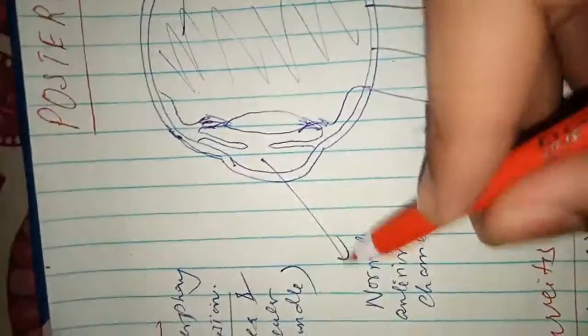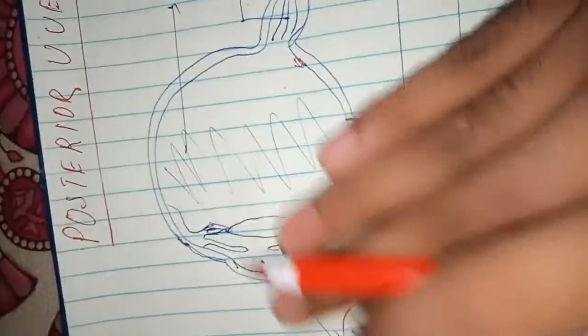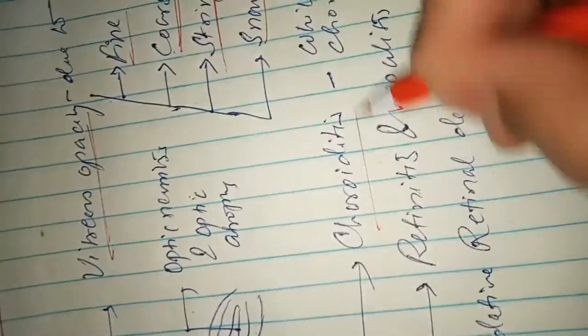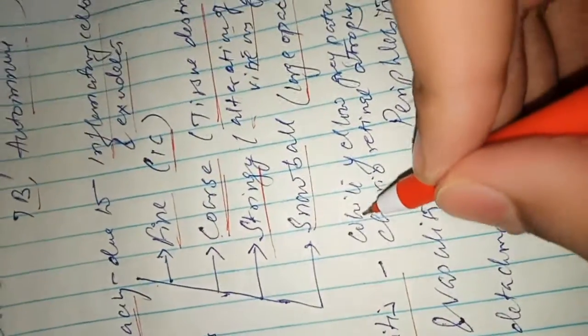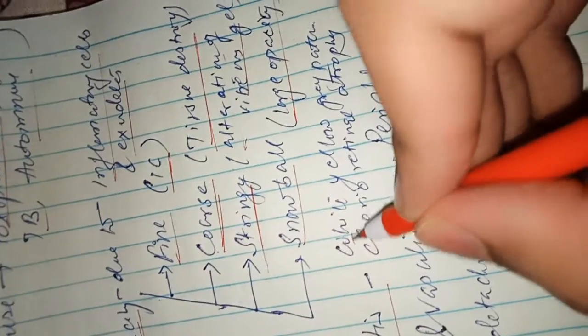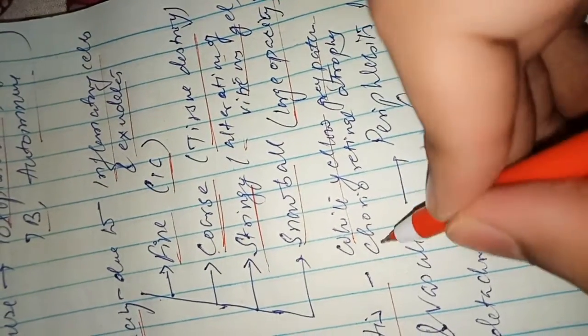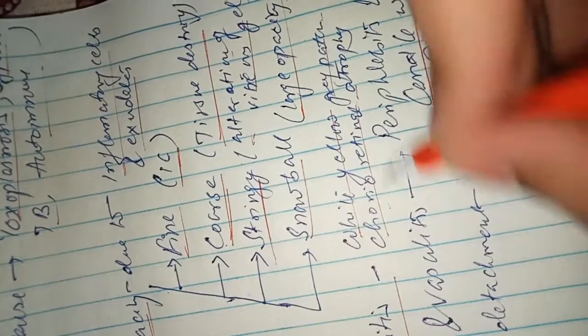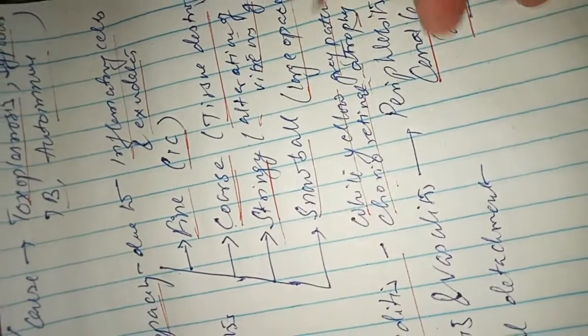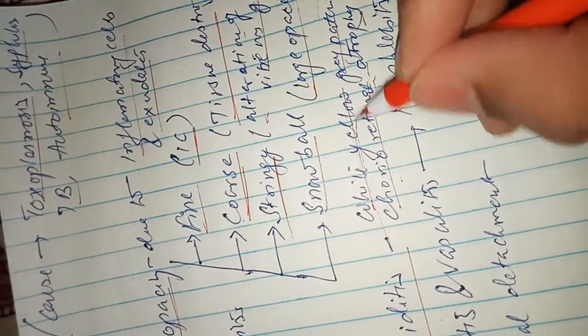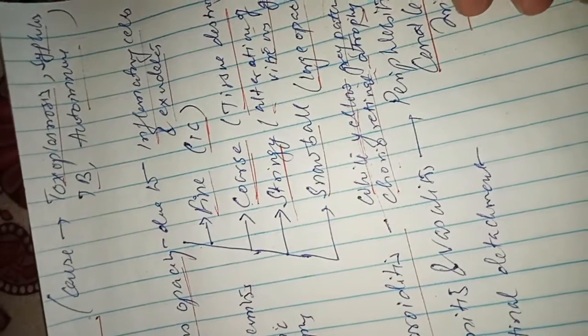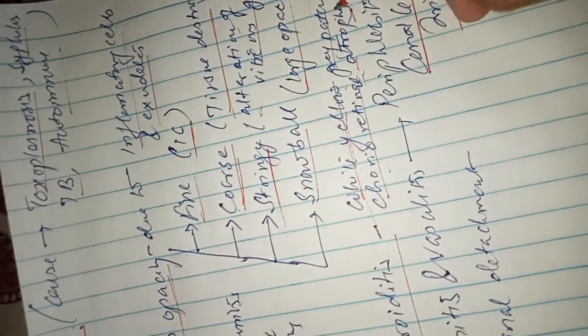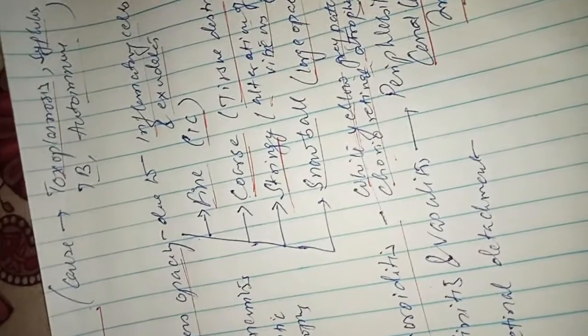We can also find that there is a normal anterior chamber, because it is a posterior uveitis, so the anterior chamber will be normal. Choroiditis is found, with a white yellow gray pattern and chorioretinal atrophy found in the fundus examination.